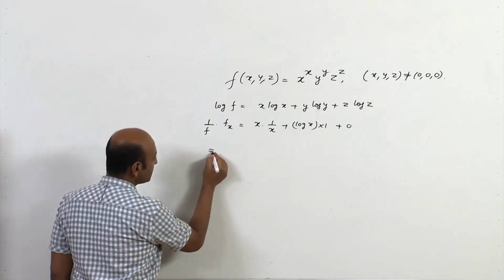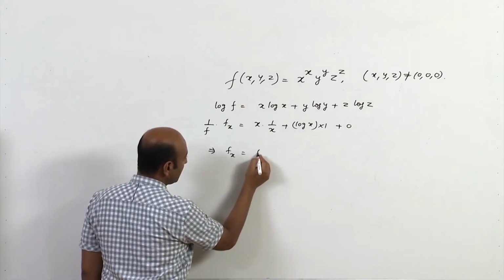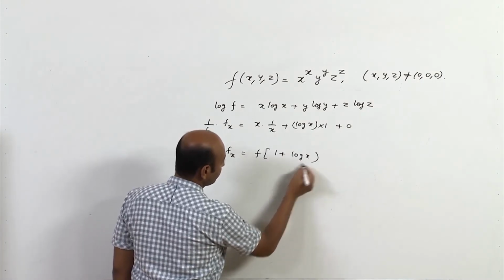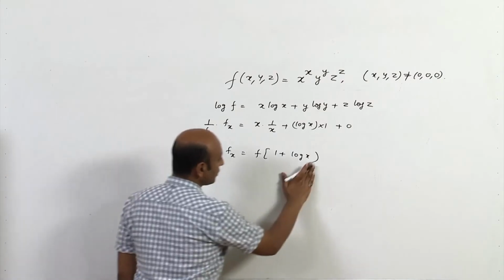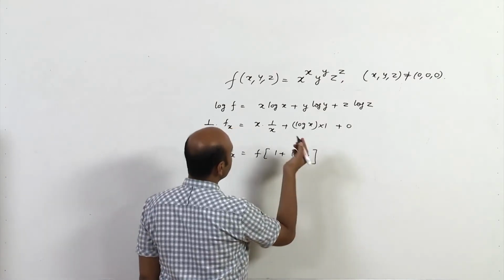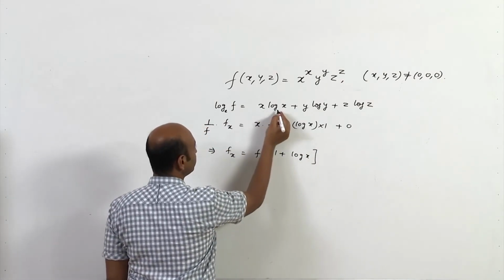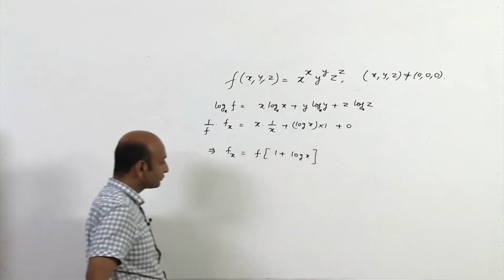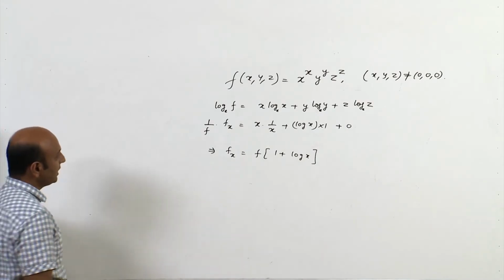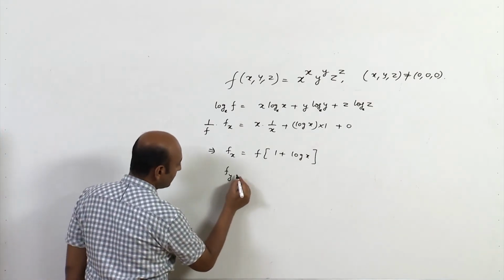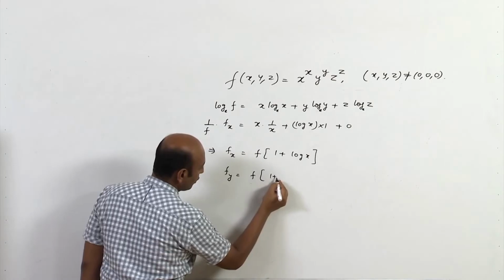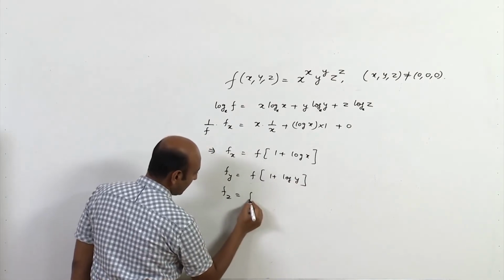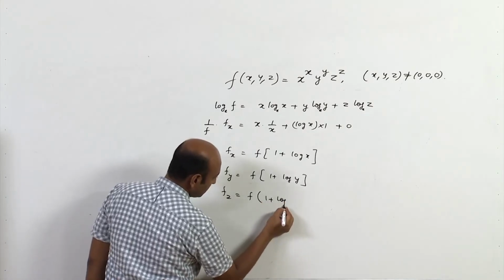So, this implies fx will be f into (1 plus log x). Of course, it is base e. Now, similarly, fy will be f into (1 plus log y), and fz will be f into (1 plus log z).